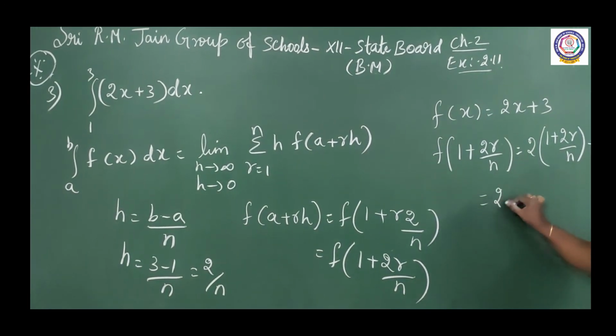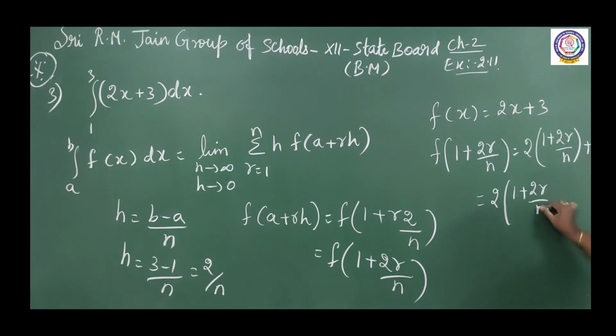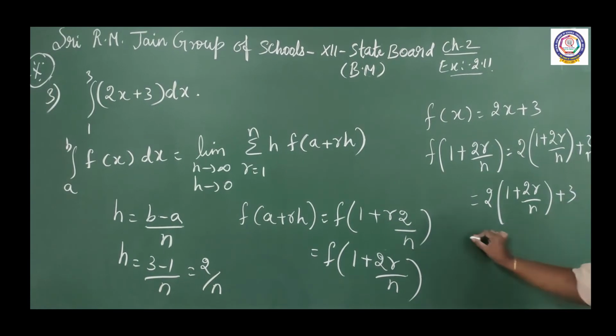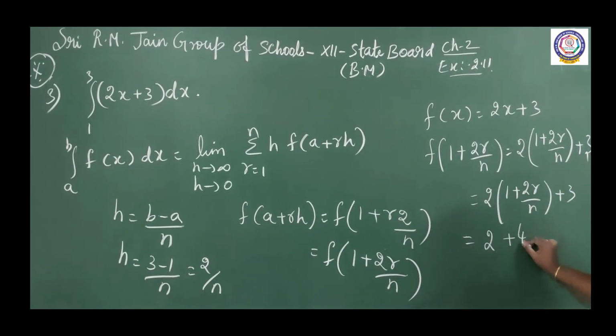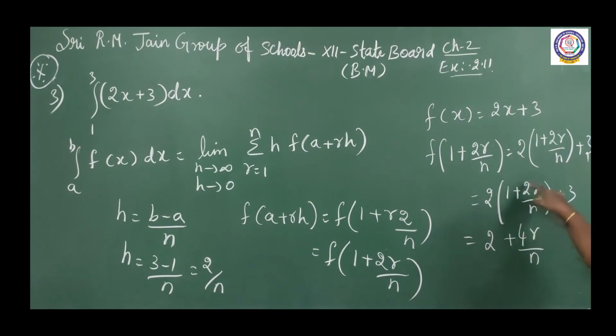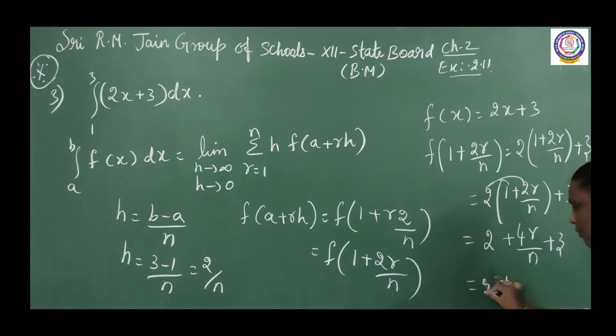It gives 2 into 1 plus 2r by n plus 3. You multiply inside by 2: 2 plus 4r by n plus 3. 2 plus 3 equals 5, so 5 plus 4r by n.